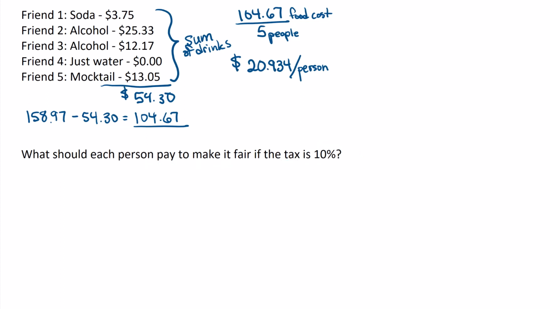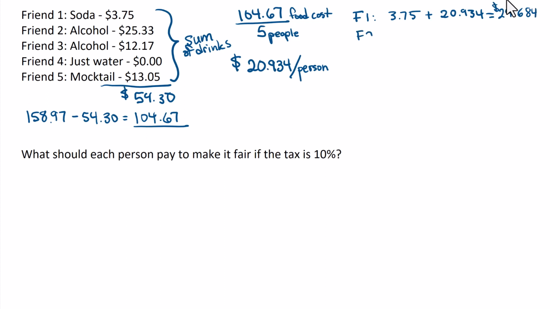First, let's find the sum of the drinks plus the food for each person. Friend 1 owes $3.75 plus food, $20.934. This should come out to $24.684.